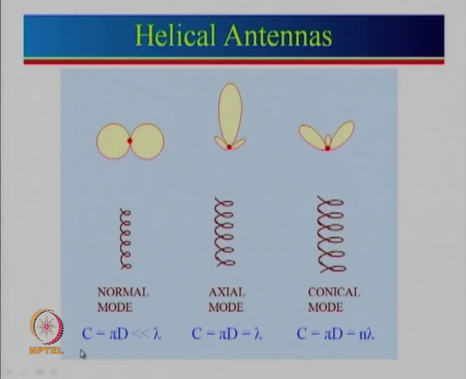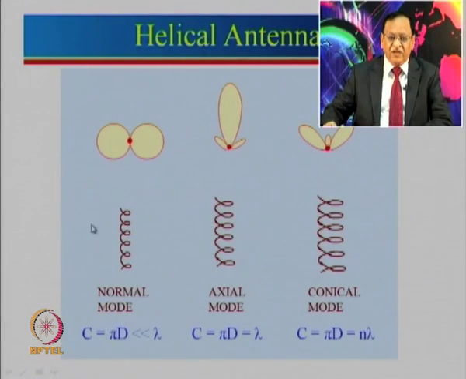For normal mode, the circumference is equal to pi d, where d is the diameter. So pi multiplied by d is the circumference. If that is much less than lambda, then it will radiate normal to the helical axis. That is why it is normal mode.